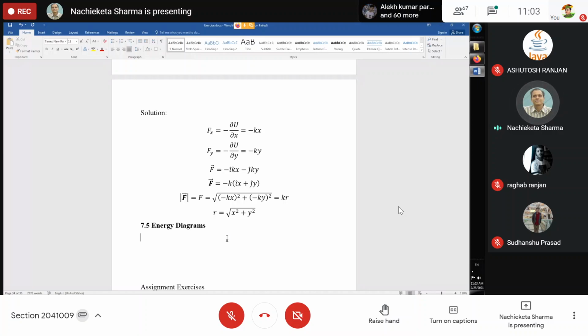Energy diagram means you have to take energy along the y-axis and the position along the x-axis, and then you can get... suppose we will discuss one.